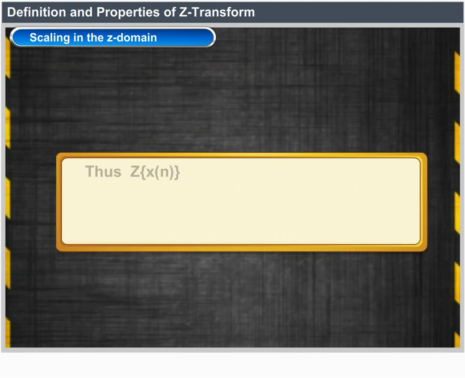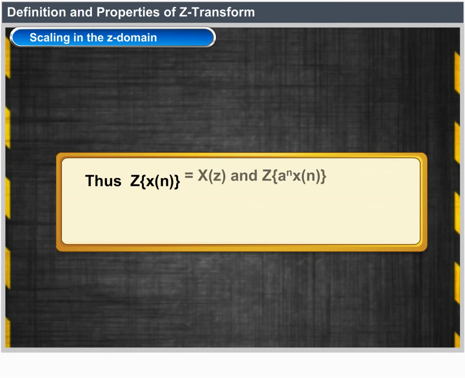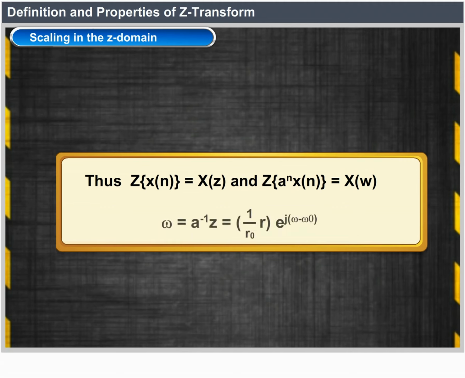Thus, Z of x(n) equals X(z) and Z of a^n x(n) equals X(omega). Omega equals a^-1 z equals 1 divided by r0 times r e^(j(omega minus omega0)).